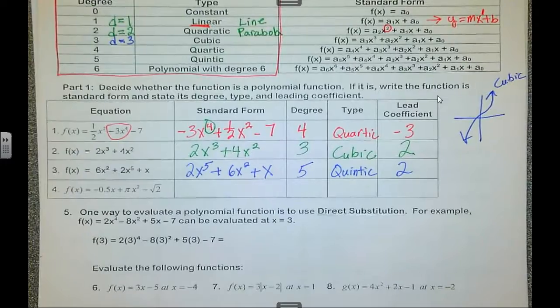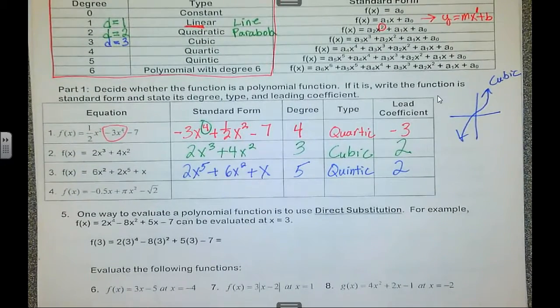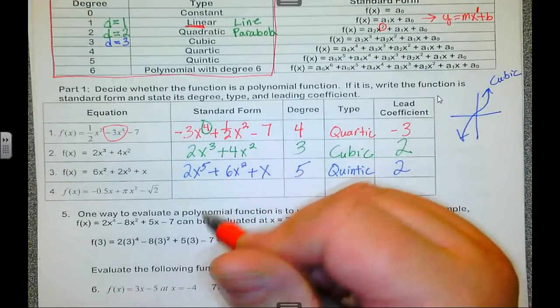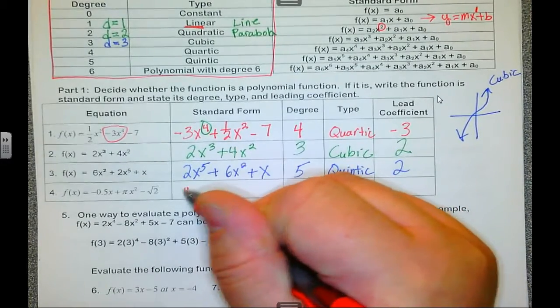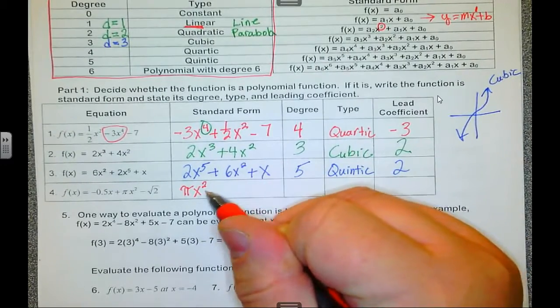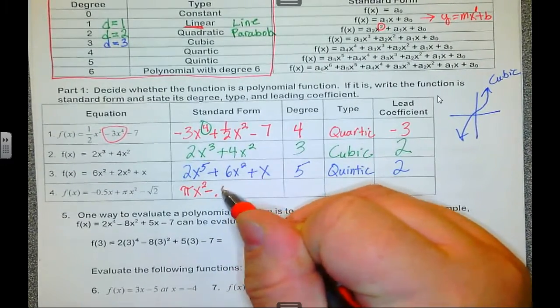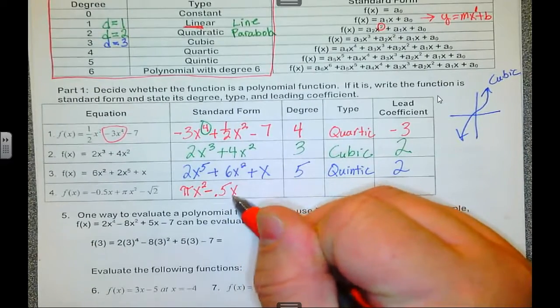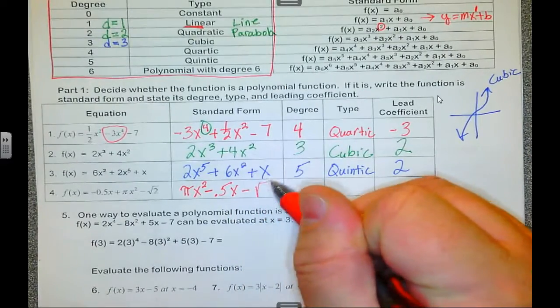And the last one, what's my first term? Pi x squared, good. What's my next one? Negative 0.5x, and my last one, minus square root of 2.